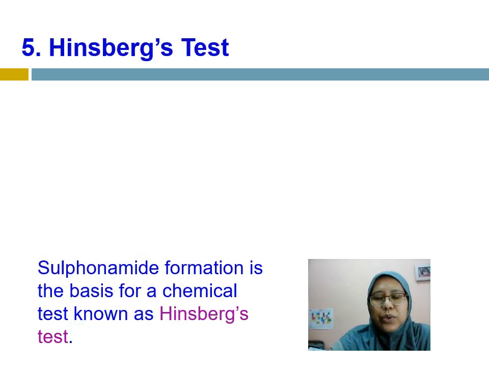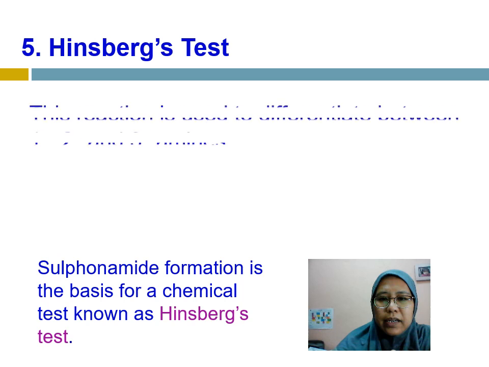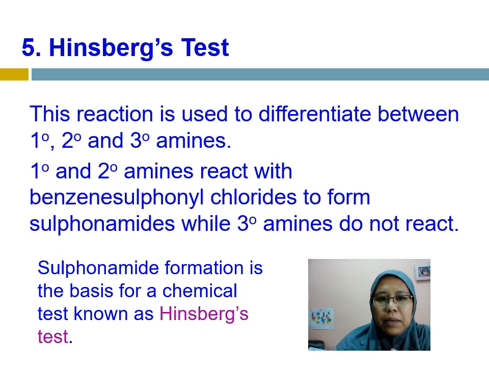The last one that we're going to learn is Hinsberg's test. Nitrous acid, bromine water, and now benzene sulfonyl chloride are all the reagents to test different classes of amine.